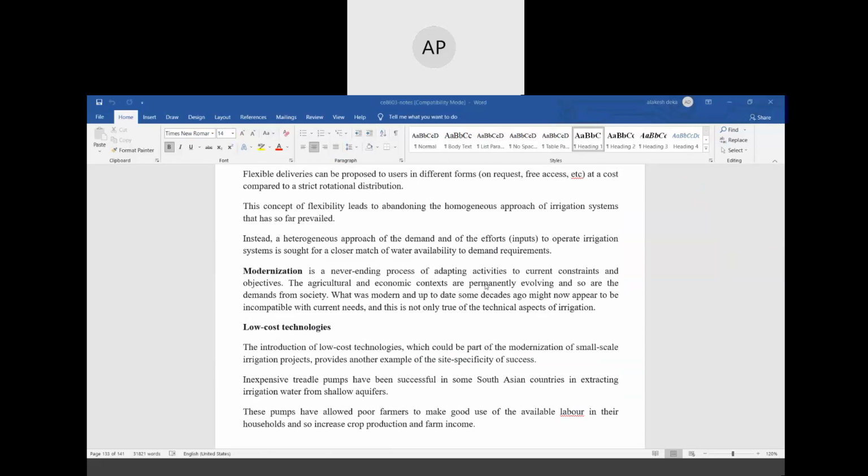The agricultural and economic contexts are permanently evolving, and so are the demands from society, because every year the demand is increasing and you have to re-engineer the structure, you have to enhance the instrument, whatever you are going to do, for cost effectiveness or better production.